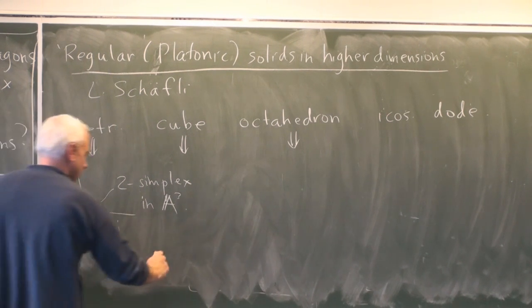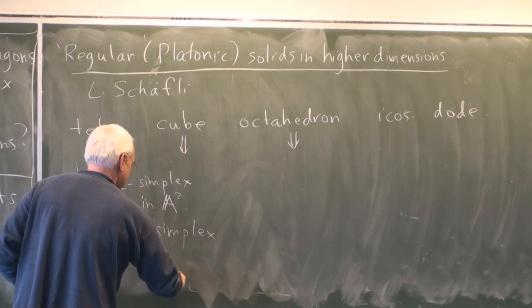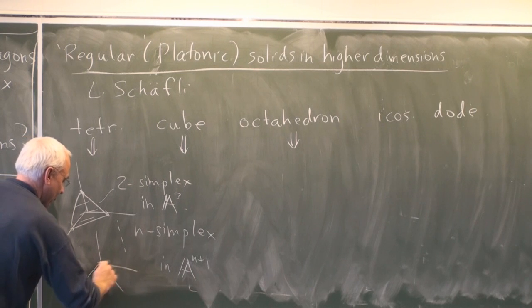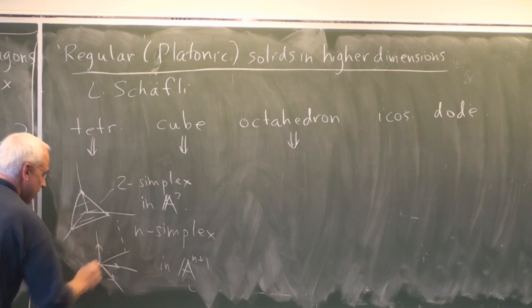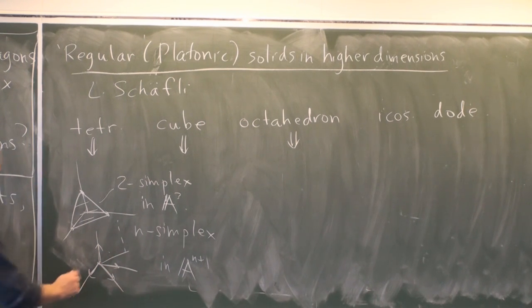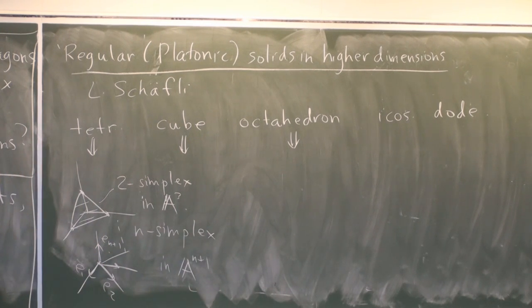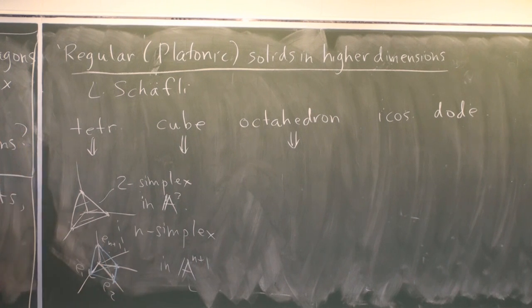So you can get the n-simplex, which is in n plus 1 dimensions, by taking the standard basis, E1, E2, E3, up to E(n+1), and considering essentially the convex hull of those, if you want something solid, just joining them all up. You're going to get the n-simplex.